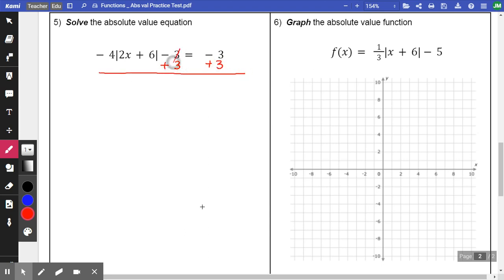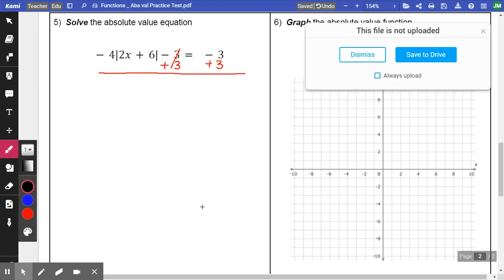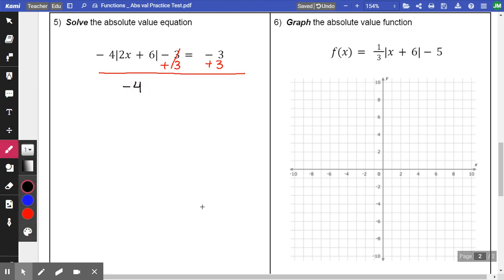That's going to cancel that out, and we're left with negative 4 times the absolute value of 2x plus 6, and that is equal to negative 3 plus 3, which happens to be 0.